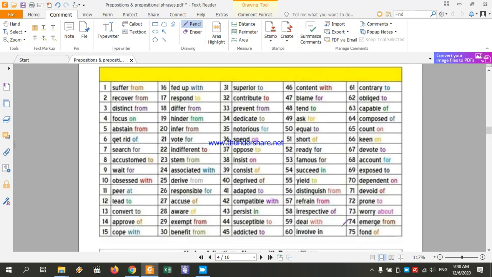Here we have 75 combinations of prepositions that you need to memorize. We say suffer from, we say recover from, we don't say recover of. We say focus on, get rid of, search for, wait for, etc.